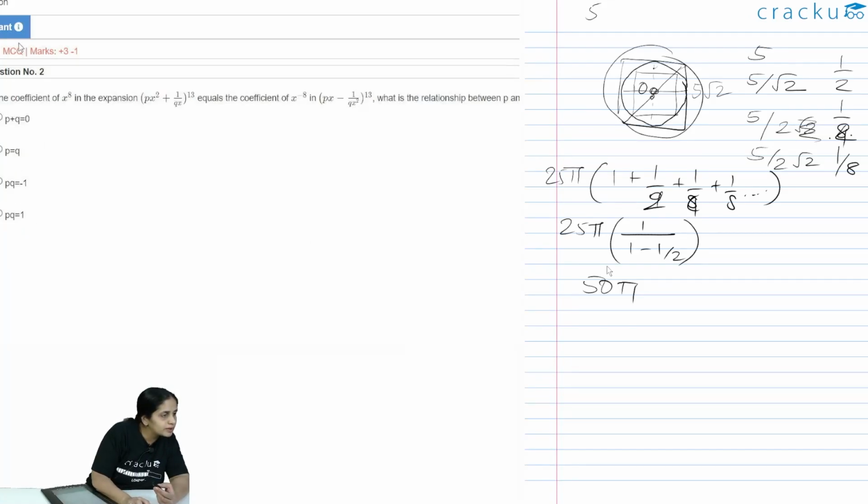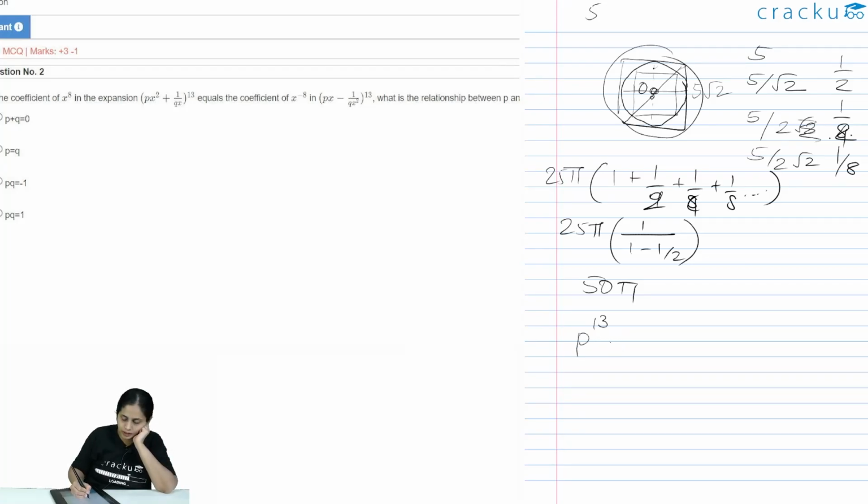If the coefficient of x raised to 8 in the expression is equal to the coefficient of x raised to minus 8 in this, what is the relationship between p and q? So, when will we get x raised to 8? This is p raised to 13 into x raised to 26 into 1 upon q raised to, not 13.